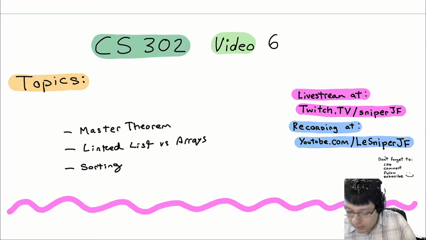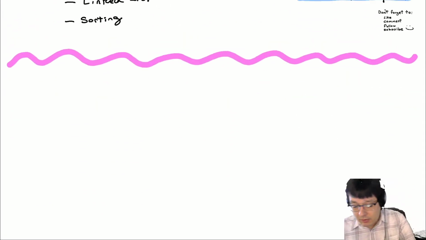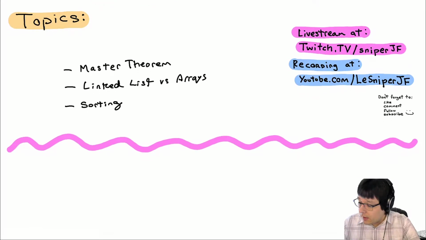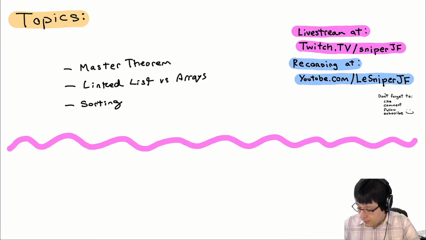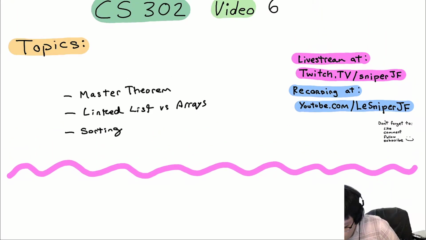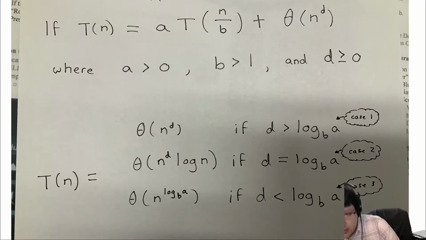No, I only have this one. So let me write some stuff first and then paste it. Okay, no, I'll paste this one. There we go. Copy, paste. So we're only looking at part of what the Master Theorem can do. There we go. Perfect.